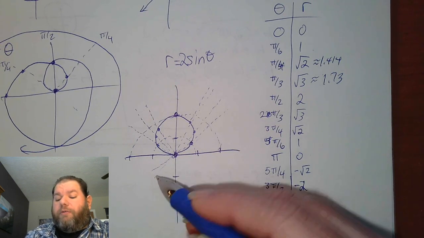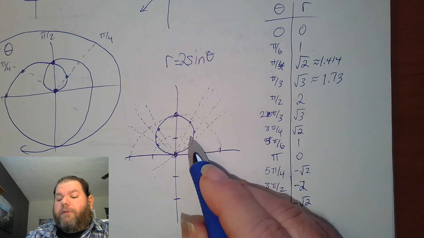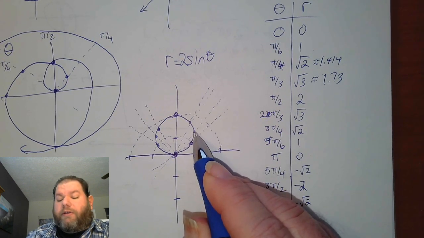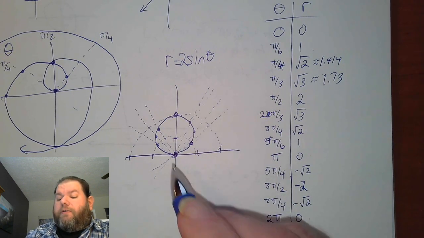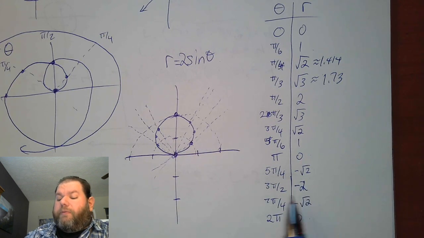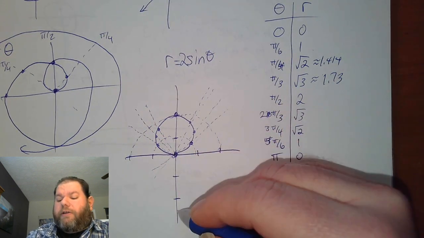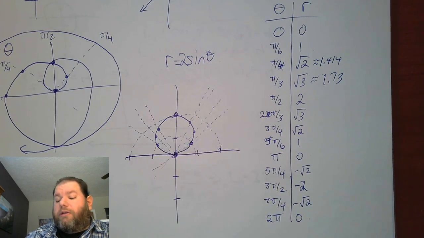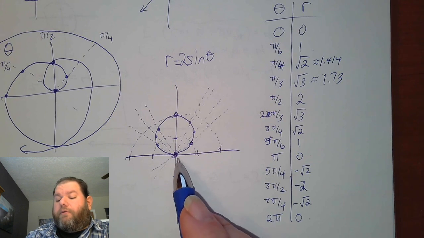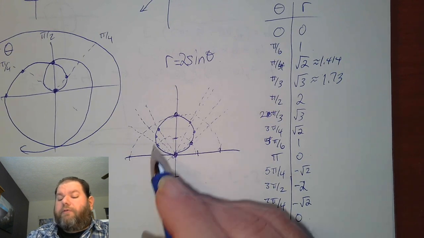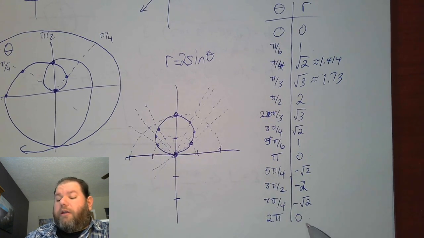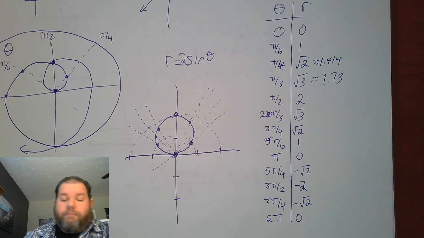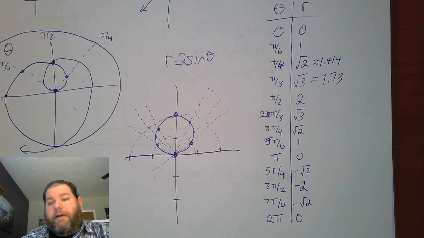It means we're pointing this direction, but we count the opposite way, so we come back to that same point again. 3 pi over 2 is straight down, but we count negative 2, which goes 1, 2 the opposite direction. 7 pi over 4 counts negative root 2 the opposite direction, and then 2 pi back to 0. So in the process of going from 0 to 2 pi, we've drawn this circle twice.